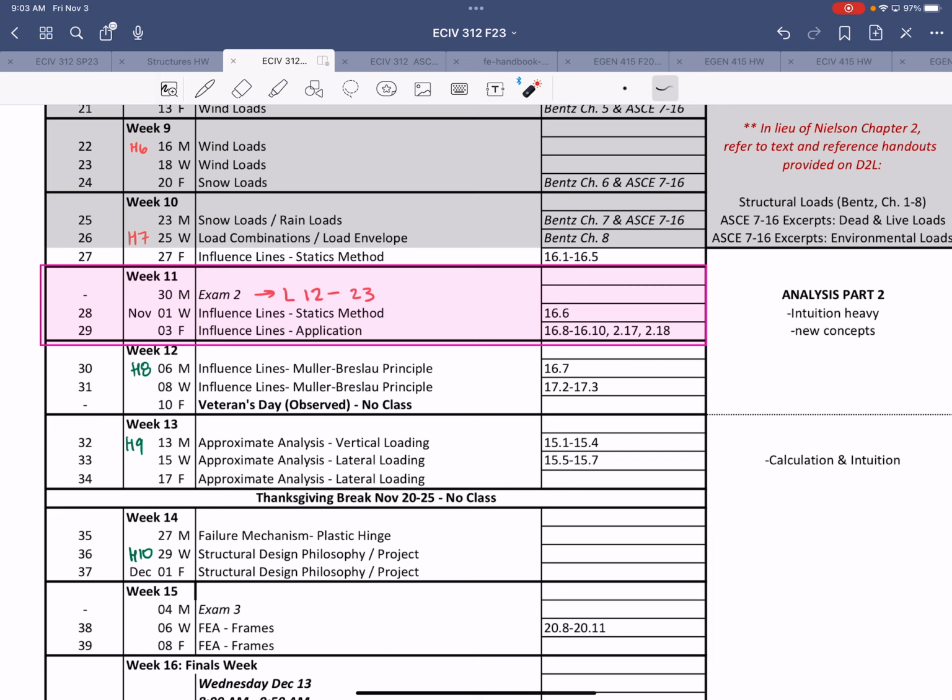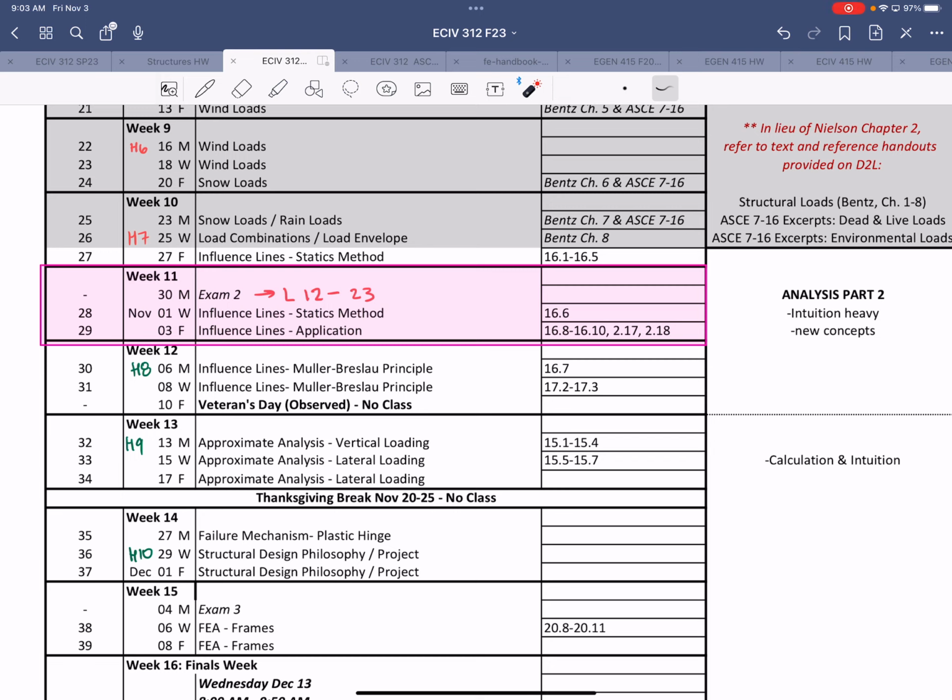And then for today's topic, application of influence lines, that's going to be covered in sections 8 through 10 of the textbook. So Section 8 will focus on using influence lines for concentrated loads, all right?